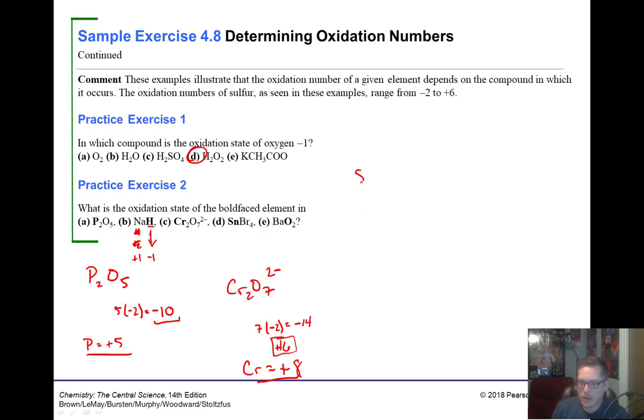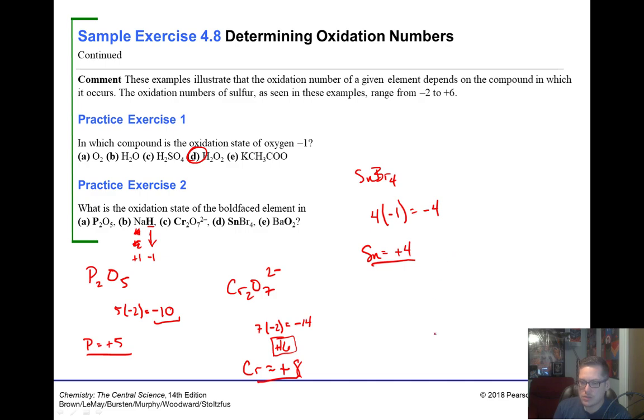All right, let's try tin bromide, SnBr4. Bromine is a halogen, so it's -1. There are 4 of them, so the tin needs to be +4. There's only one tin, and the overall charge is 0, so the tin has to equal +4.